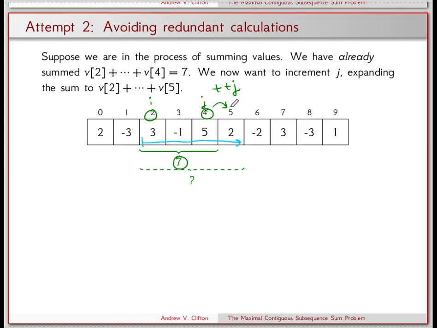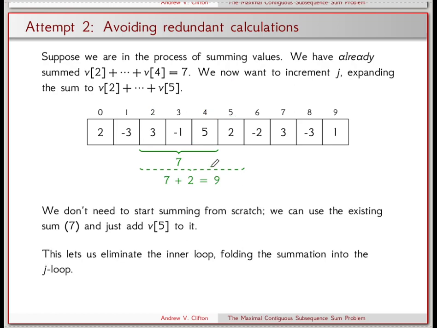So to increment j, to move it to 5, I don't have to throw away the work that I've just done. I can just add in the new element, the 2. I just take the 7 that I already had, and to move j to the next step, instead of restarting my sum from 0, I'm just going to add in the next term of the sequence.